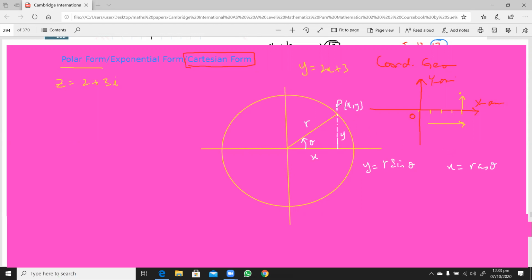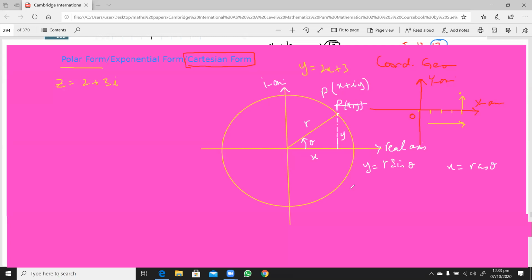Now imagine this is the real axis here, and this one is the imaginary axis. Then instead of x plus y, I can say that here is a complex number. This P is representing a complex number, which is x plus iota y.